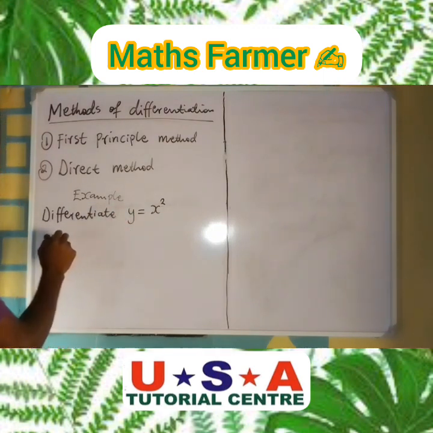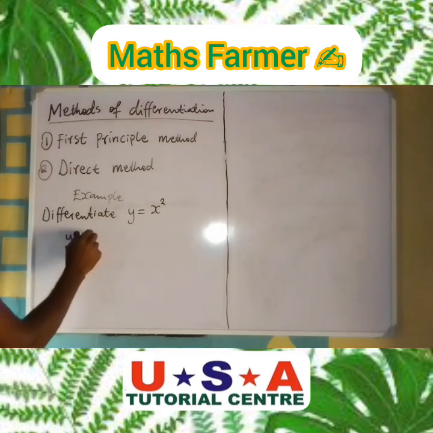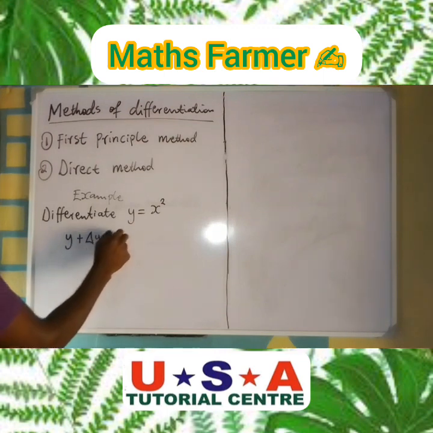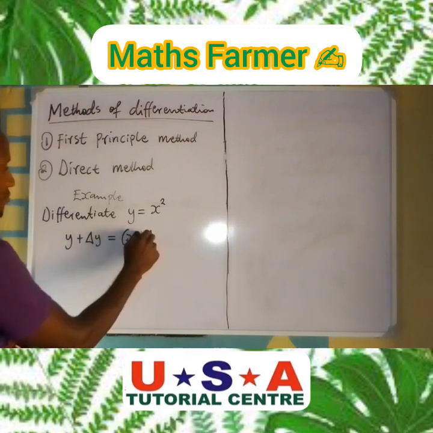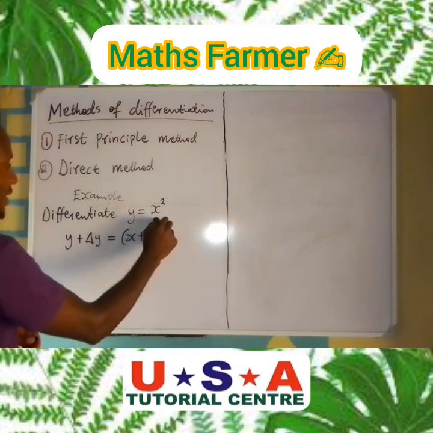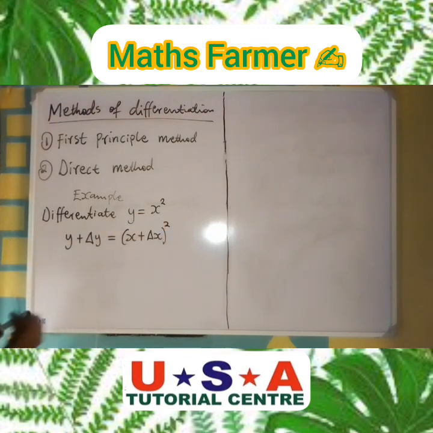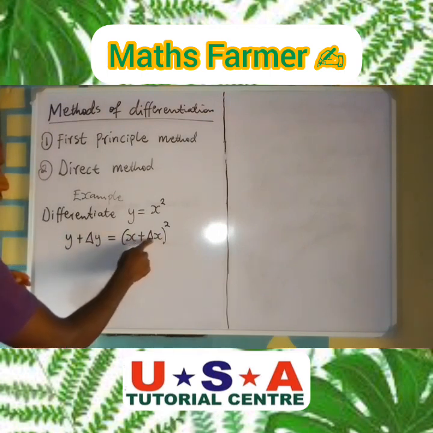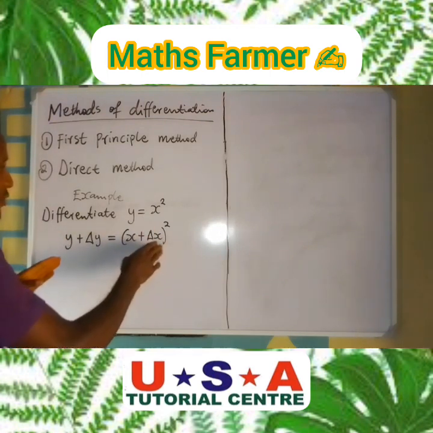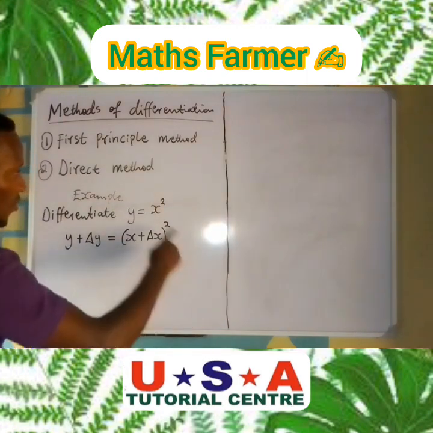What I mean by that is increase y by delta y, and also increase x by delta x. So I've increased y by delta y and added it to the left hand side where y is. Then I've increased x by delta x and added it to the right hand side where x is.